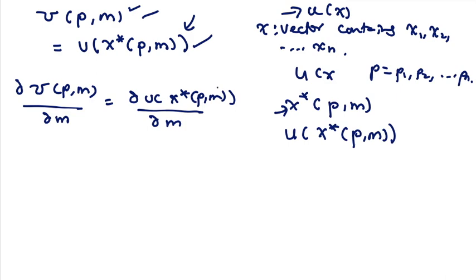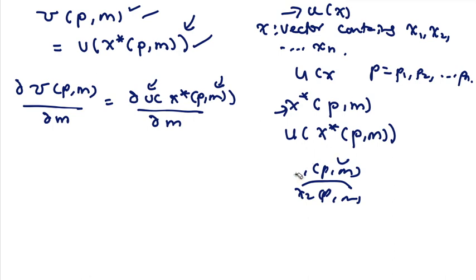Okay, you can see that income is here, not straightforward. And we know that x here is a vector containing x1, x2, x3 until xn bundles. It's not just one bundle. All right. So when we differentiate, we don't just differentiate a vector, because let's say you have x1(P, M), isn't it? x2(P, M). So you have many bundles that also depend on price and income.